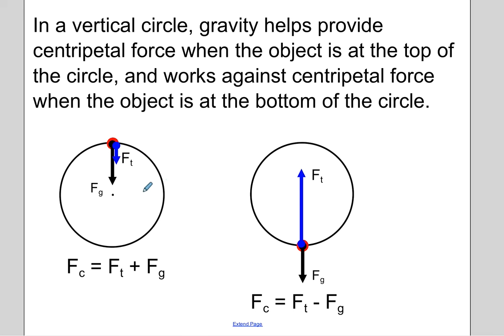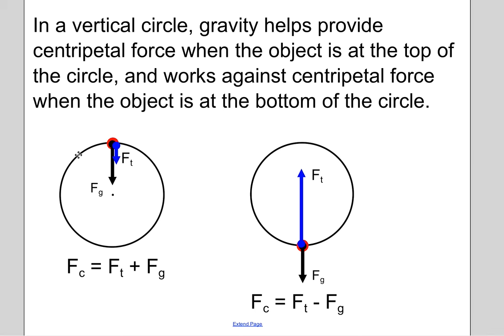We're not going to go in between because that gets into cosines and sines. We're just not going to get that much into it. But we're interested in two specific locations on a vertical circle, the top and the bottom. At the very top, here's my analysis of the forces acting on this object. I'm going to imagine that I'm rotating this on a string, so we'll call it tension force.